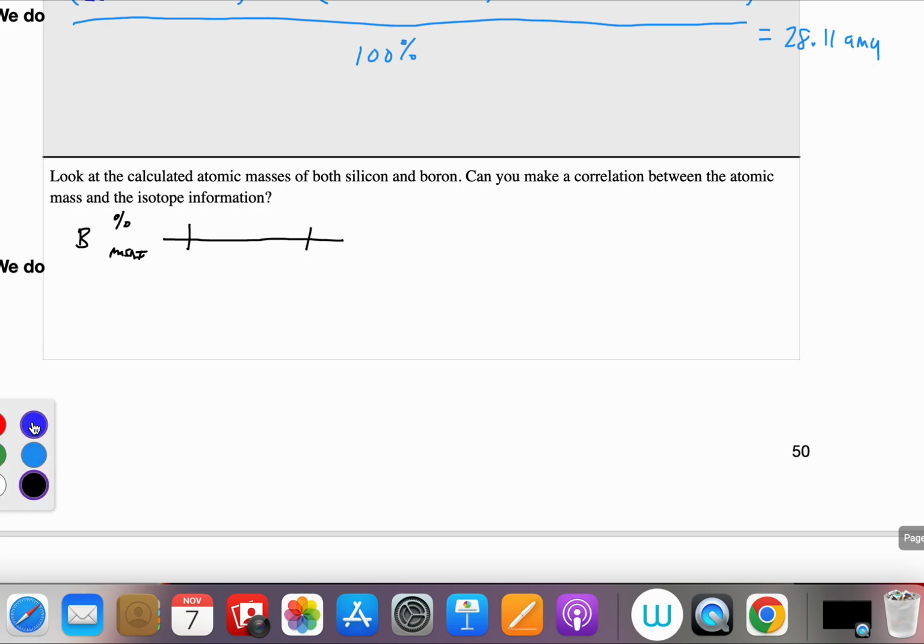Boron was given 2 different mass numbers, a mass of 10 and a mass of 11. And when you calculated the average atomic mass, it was 10.8. So the 10.8 would be here on the number line. That's my atomic mass.